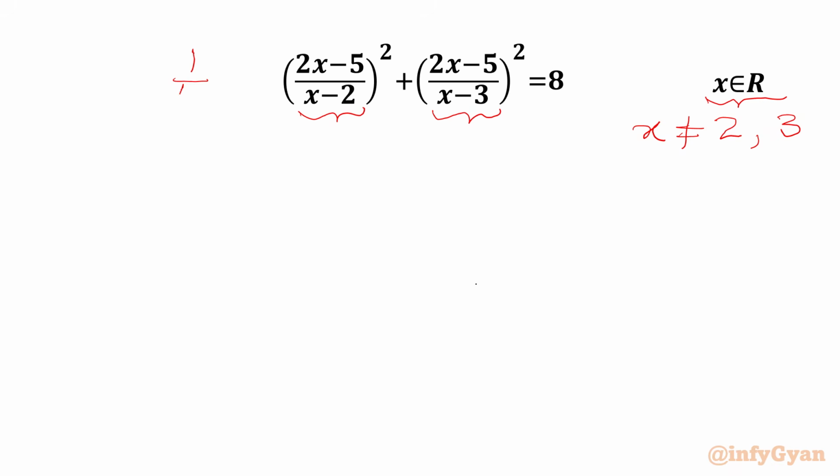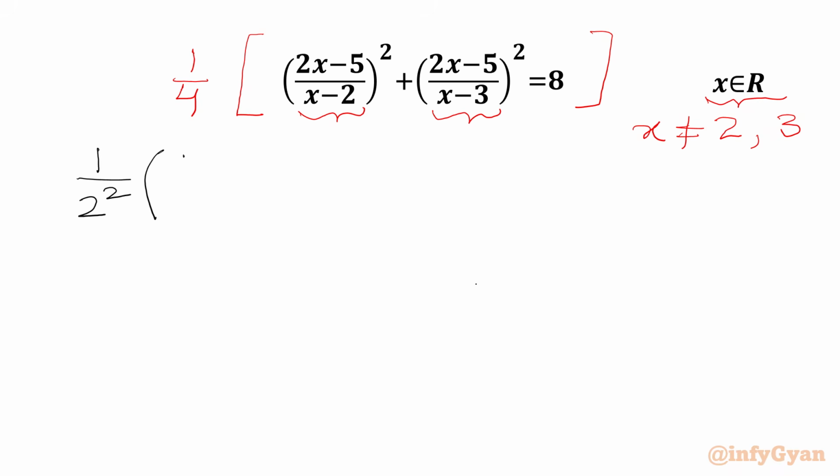Now we are going to multiply our equation by 1 over 4 both sides, or we are dividing by 4 both sides. 4 can be written as 1 over 2 square, and this is 1 over 4. 4 is 2 square.